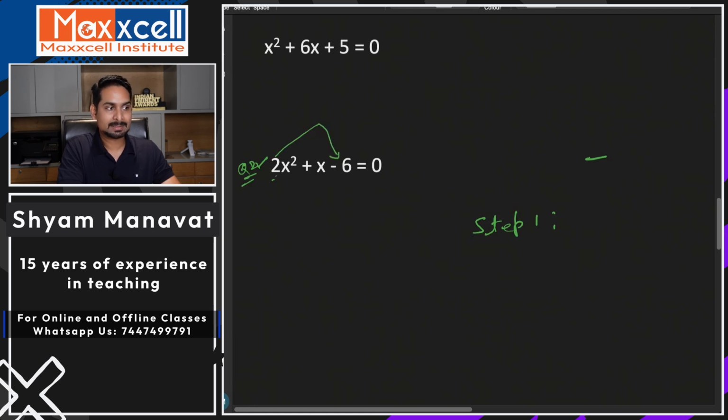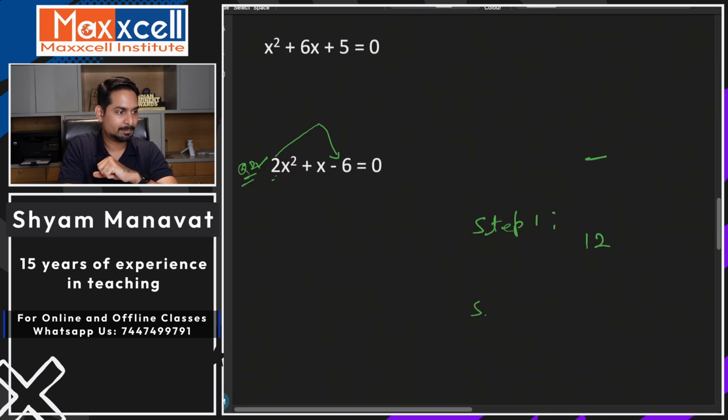So 2 sixes are 12. When you have a coefficient of x square, you will have one additional step, which is to multiply the coefficient of x square with the constant and write it. Now you follow the same steps.